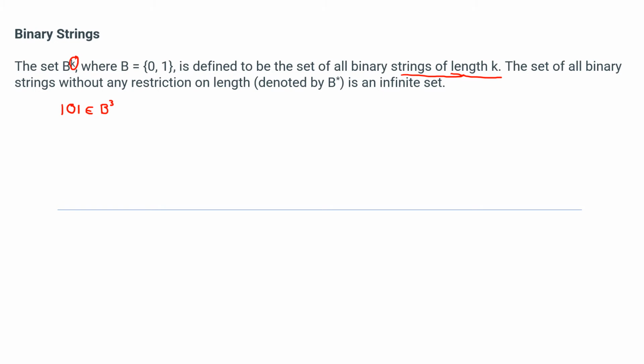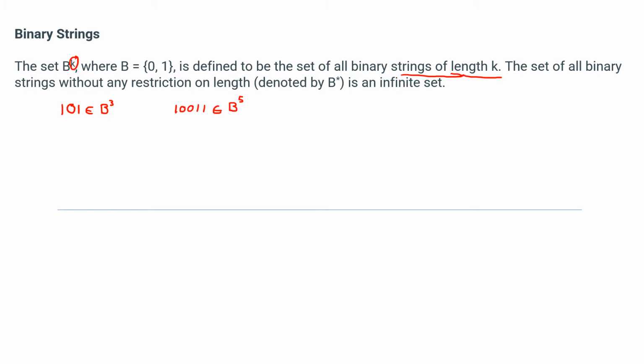Right? Because it's a binary string and there's 3 of them. It's got a length of 3. Okay? 1, 0, 0, 1, 1. That I would say is in B to the 5. Okay? So that's all a binary string is.